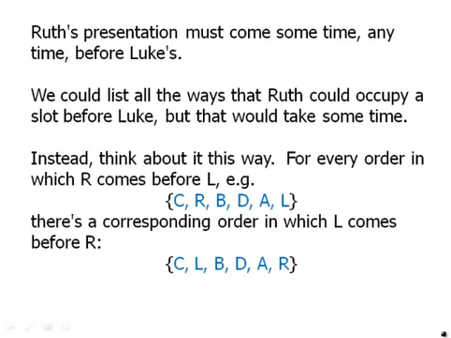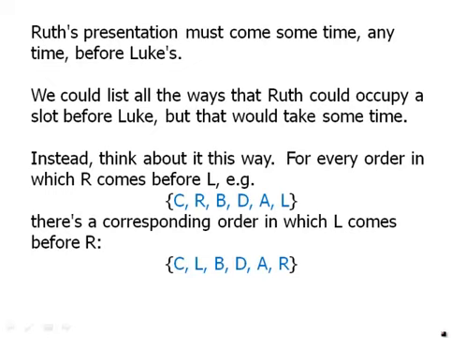Instead, think about it this way. For every order in which Ruth comes before Luke, so that's just a random order, C, R, B, D, A, L. A, B, C, D are just the other 4 students. So Ruth comes before Luke in that one. For every order like that, there's a corresponding order in which Luke comes first. Notice what we've done.